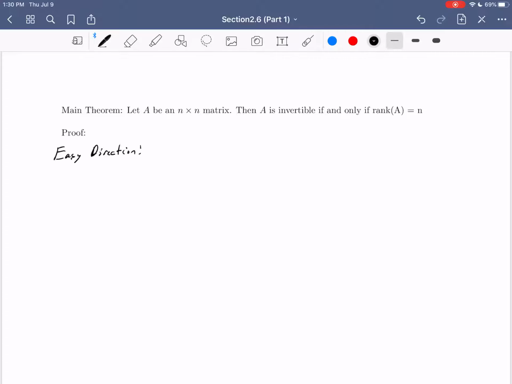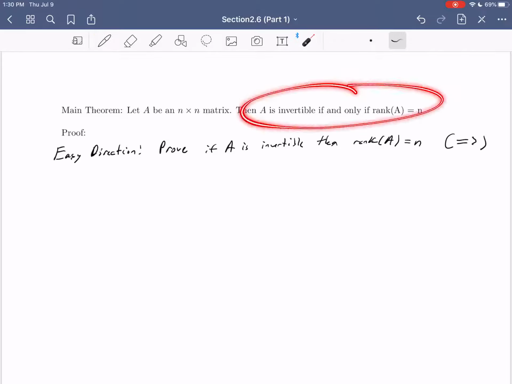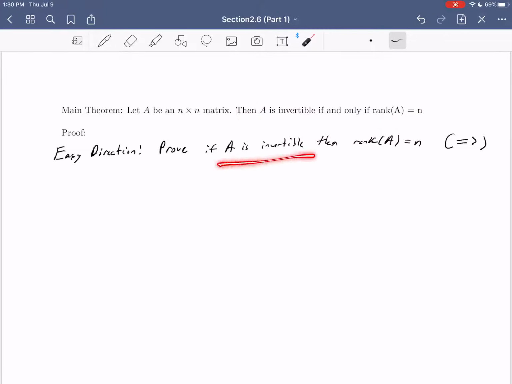The easy direction is going to be: prove if A is invertible, then rank of A equals n. So in other words, the easy direction is going to be the forwards direction of this statement. So we're going to prove that if A is an invertible matrix, then rank of A is equal to n. Then we'll have to do the other direction.